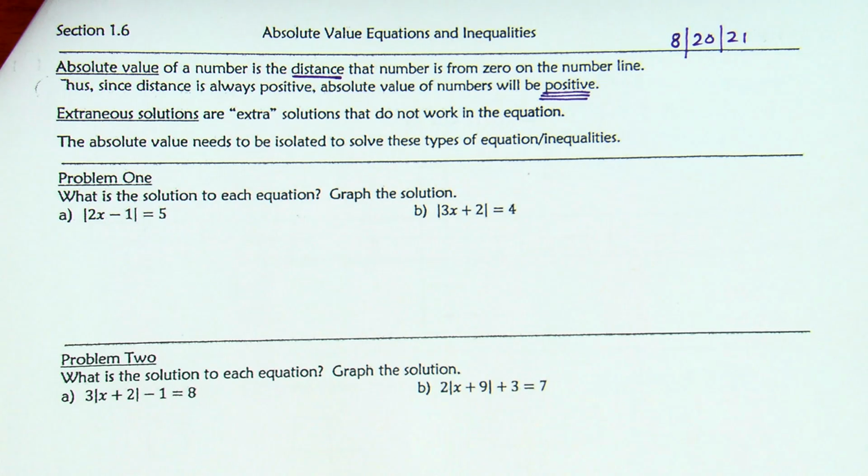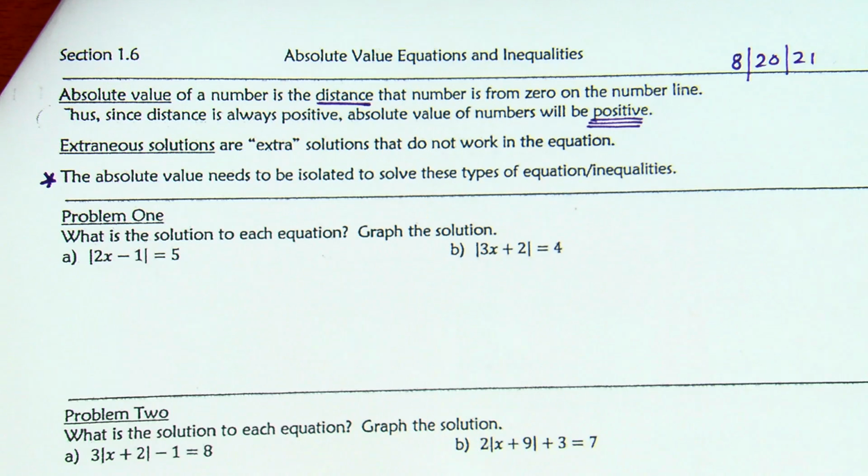Sometimes you end up with an extraneous solution. So a solution that comes up as a solution, but then when you check it, it doesn't work. And so we will have to practice checking some of our answers because we will have some extraneous solutions.